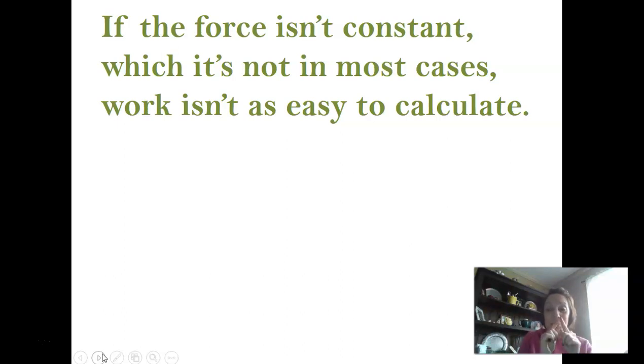So we use those teeny tiny intervals, and we make our intervals approach 0. That will give us our net work. Anytime we have a varying force, we use small intervals, and then make them approach 0 so that we can do an integral.